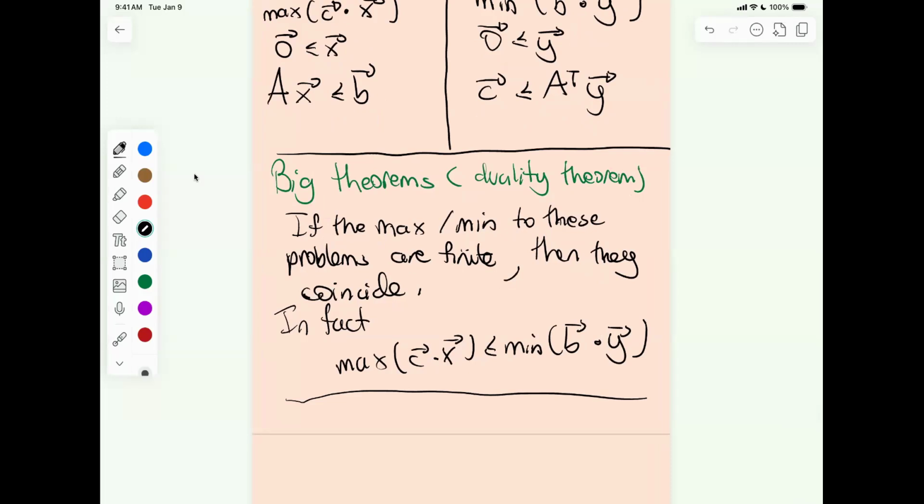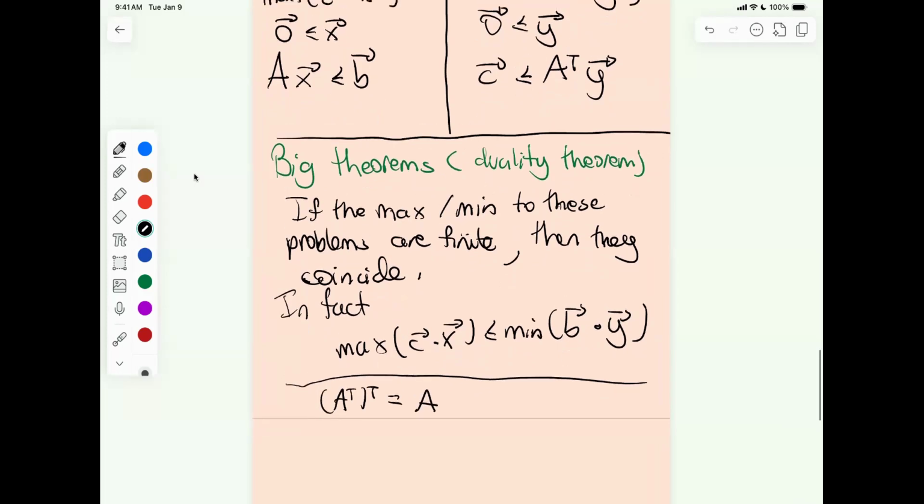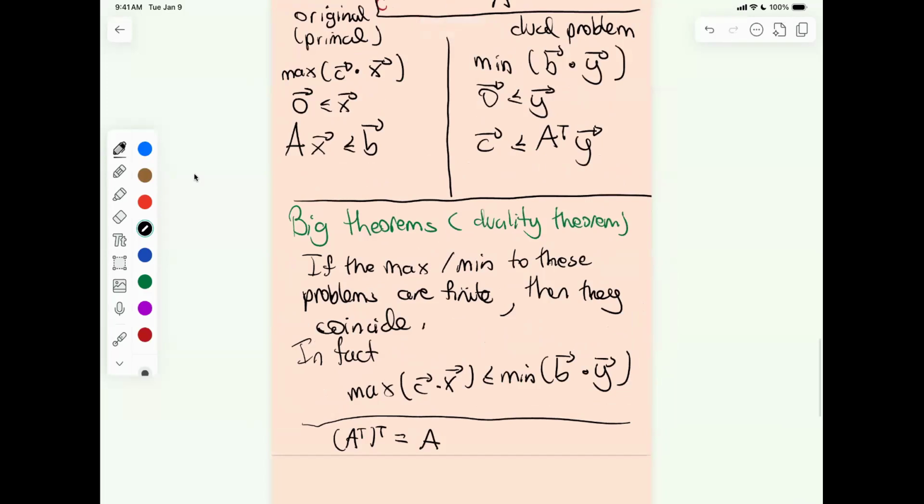In fact, and again, we'll get to those properties later, I don't know if you remember that the transpose of the transpose is A. Doing the transpose twice gives you back the original matrix. So in a sense, if I give you this problem as the original problem, and you find its dual, then you will get this one.